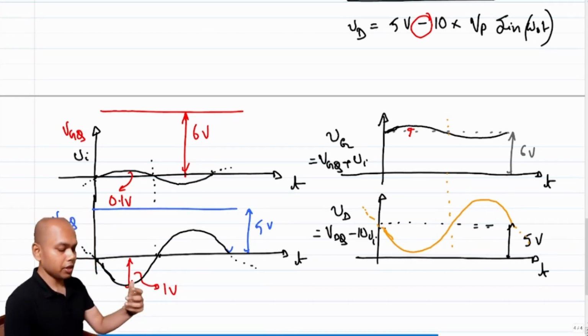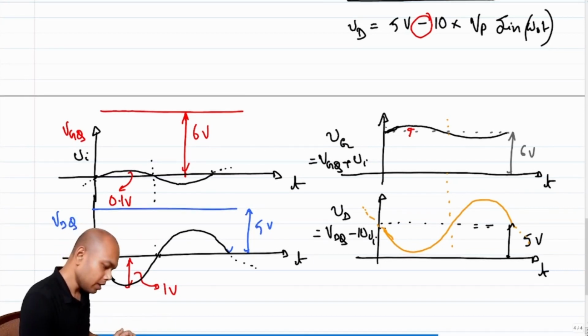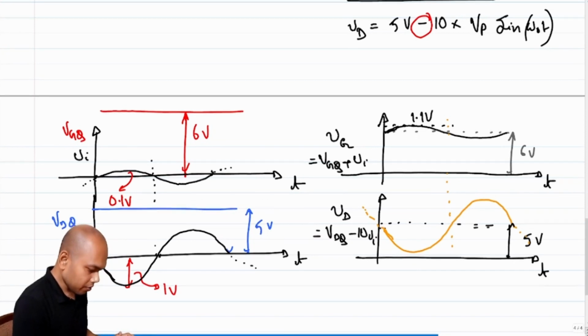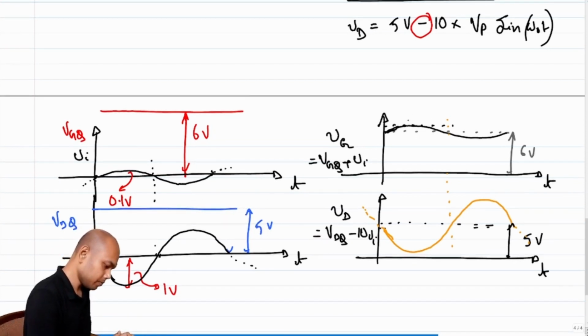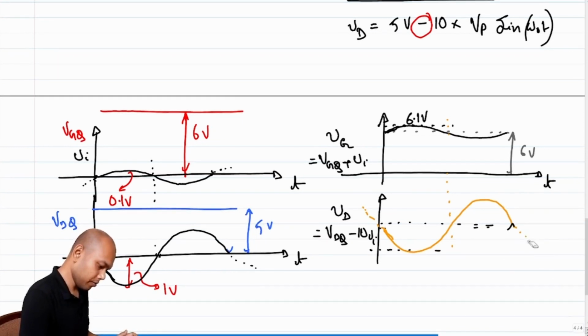The drain voltage is going to its minima when the gate voltage has gone to its maxima, right? So when the gate voltage is at its peak, that is 1.1 volt, or rather 6.1 volt, what is the drain voltage at? Drain voltage is 5 volt.